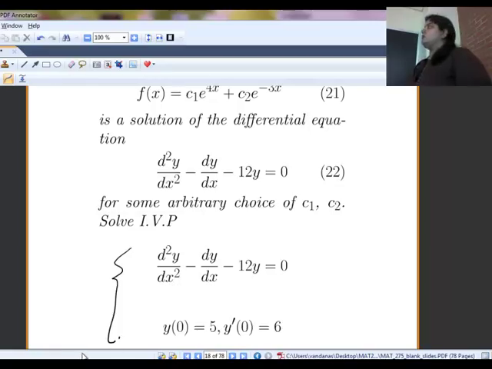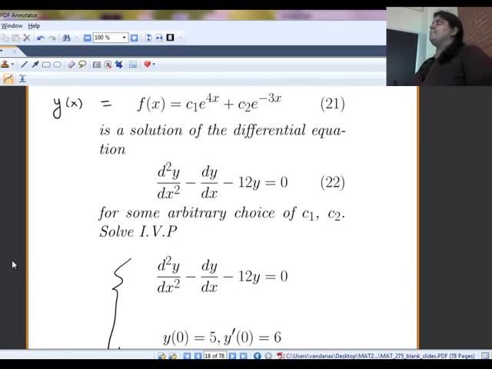Okay, so how will we go about this? First, y at 0 equals 5 means what? This is y, a solution of the differential equation. So y at 0 will be how much? If you plug in x equals 0 here, what will you get? You will get C1 plus C2 is equal to 5.